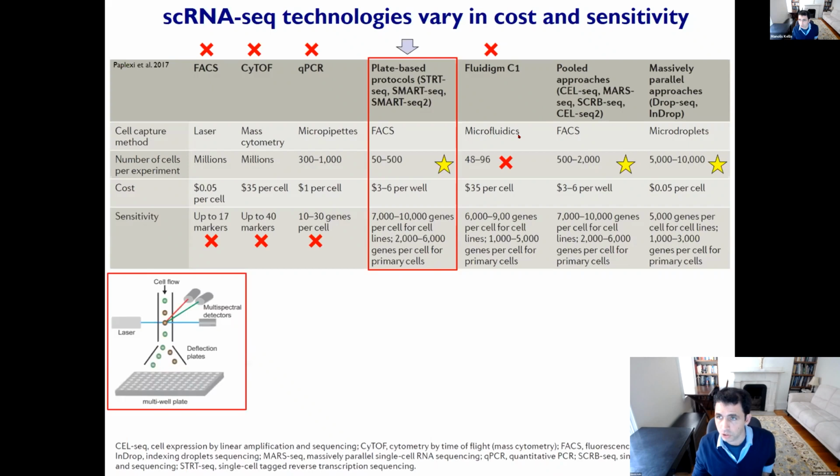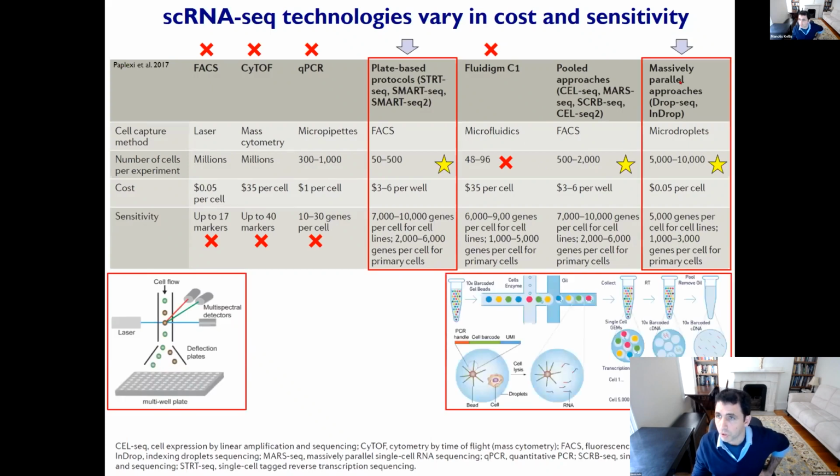The second technology is DropSeq or droplet-based technologies. So here, the idea is the following. You're going to be flowing your individual cells through the one microfluidic chamber, and then you're going to be attaching them with barcodes for each of those, which are attached in beads.